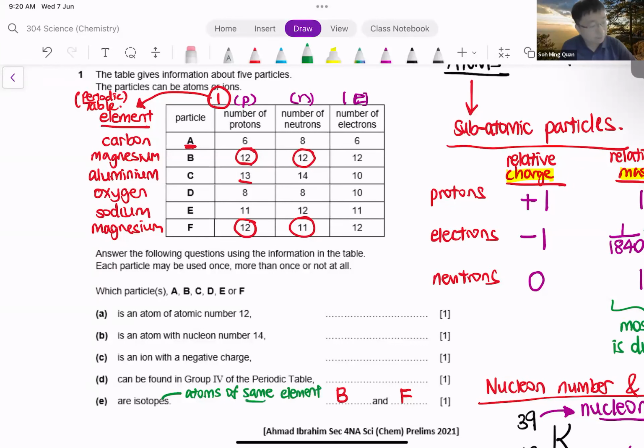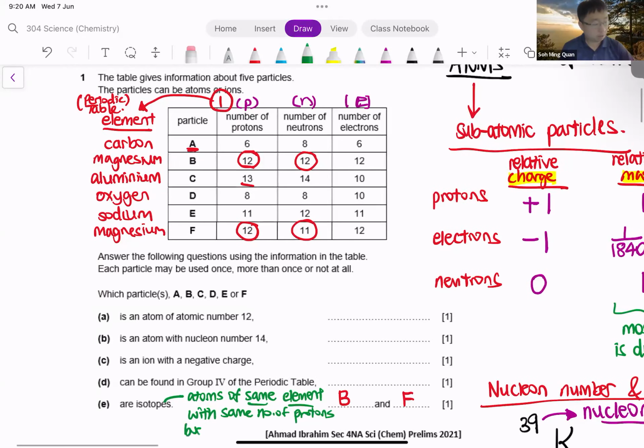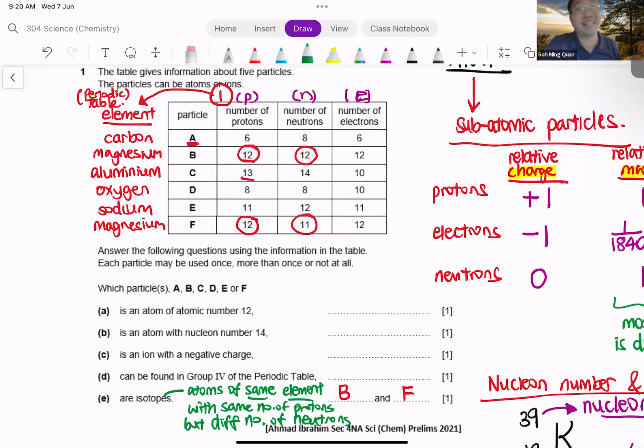So just by identifying the element's name, you already know it's both magnesium, with the same number of protons. So they both have 12 protons, hence they are both magnesium, but different number of neutrons. Okay, so B and F are your isotopes in this case.